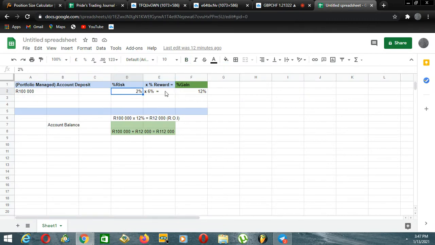So 2 times 6%, we made 12% gain on this one trade, only one trade. Since you made 12% on an account of 100,000, multiplied by 12%, you made 12,000 on your return on investment. Your account balance is 100,000 plus your 12,000. This is how much you made, 112,000.